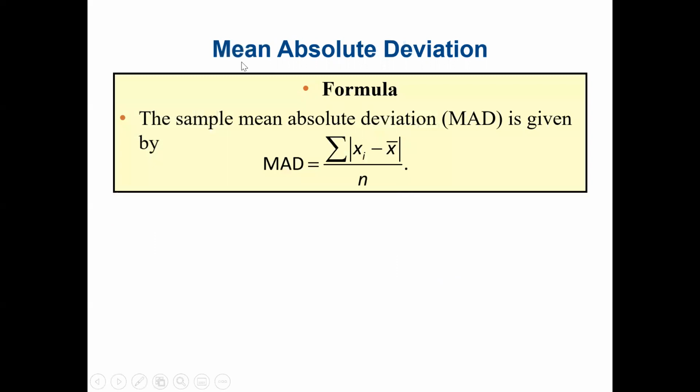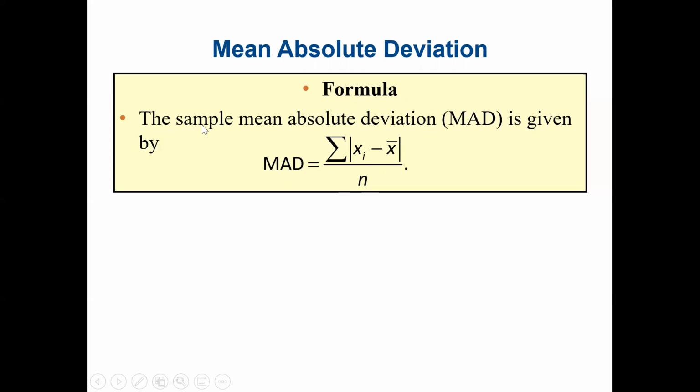Next, we go to absolute deviation, or the mean absolute deviation. Now, when we have a sample, the mean absolute deviation is given by the following formula. Again, MAD stands for mean absolute deviation. To find the mean absolute deviation, it will be the absolute sum of each value minus the mean, divided by the sample size.